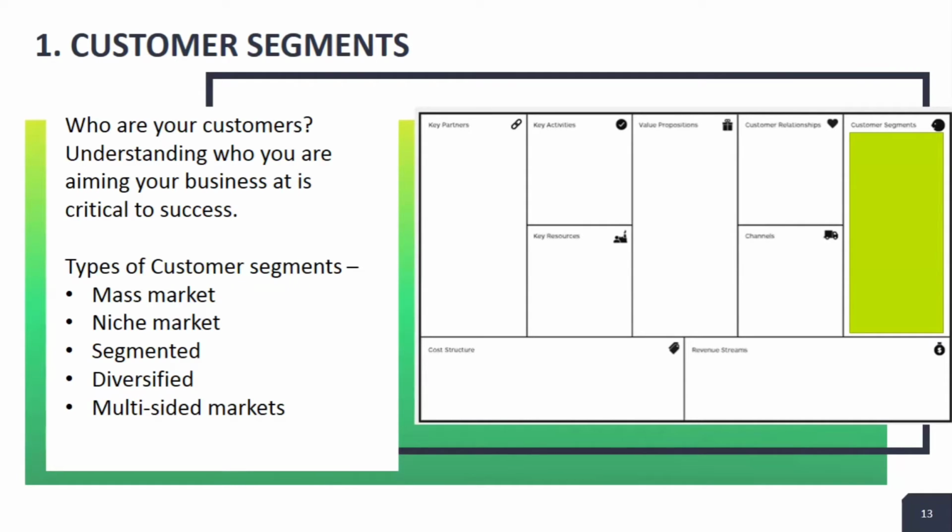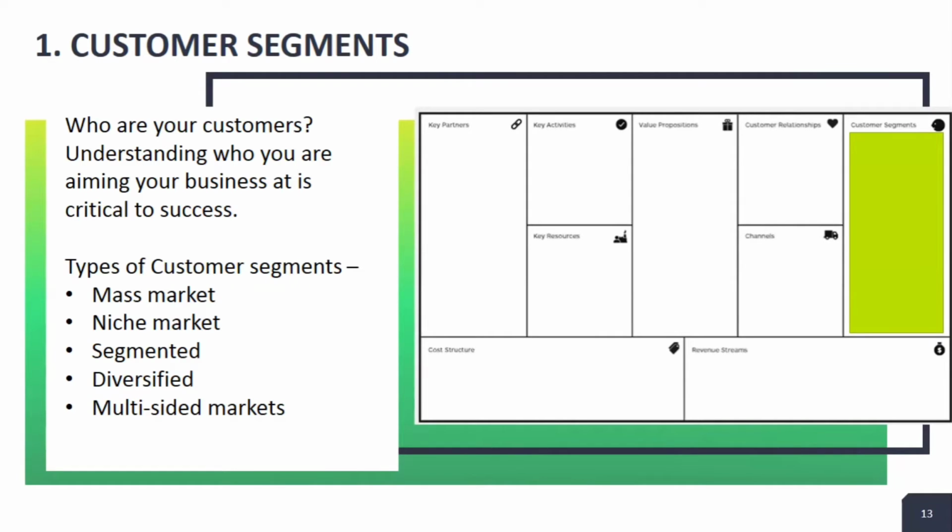Accordingly, you can create different value propositions, distribution channels, etc. to meet the different needs of these segments. Diversified. A diversified market segment includes customers with very different needs.